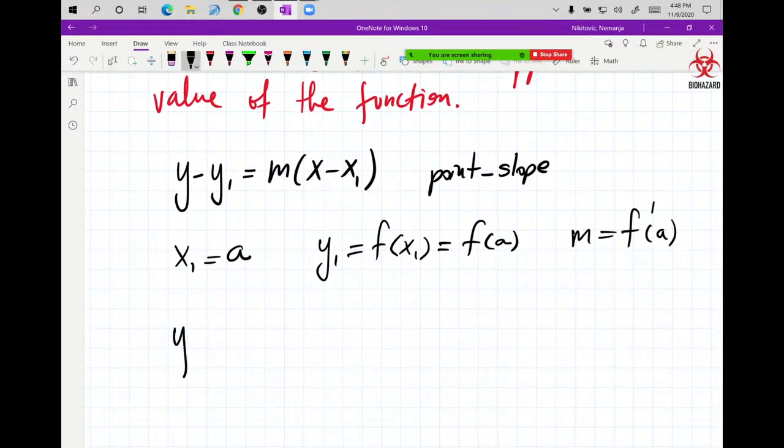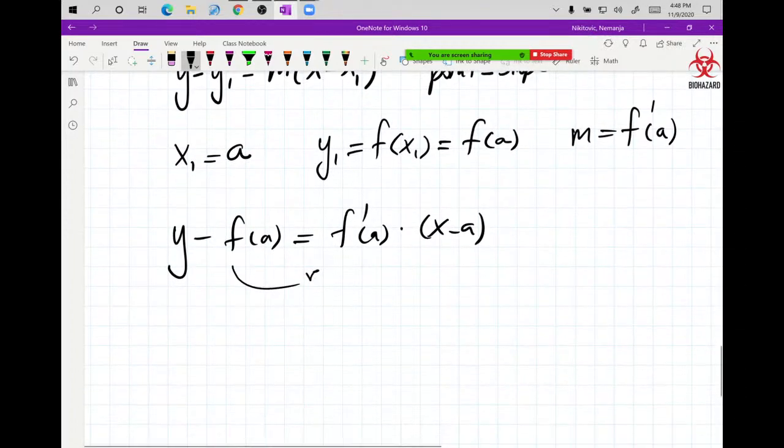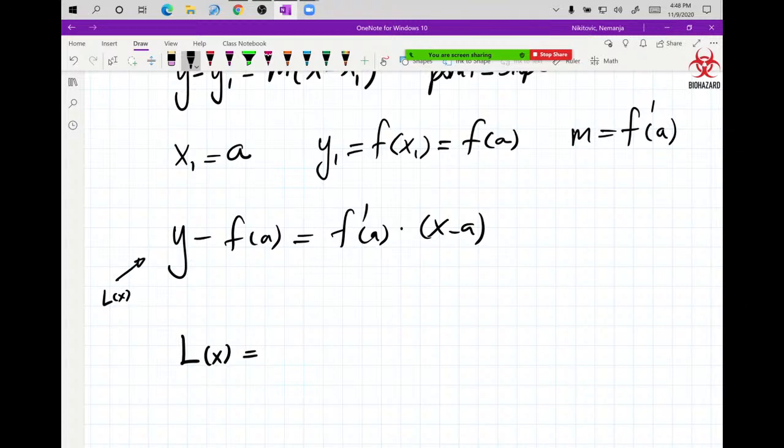So now what do I have? I have y minus f of a is equal to f prime of a times x minus a. And you just move this to the other side, and you call your y L of x. So here is your linearization formula. L of x is equal to, this f of a is kicked to the other side, so we have f of a plus f prime of a times x minus a.